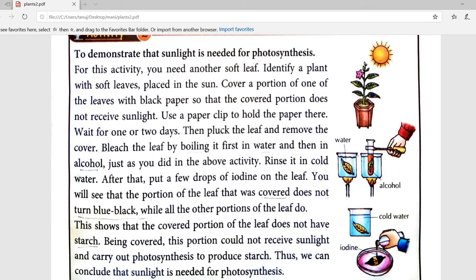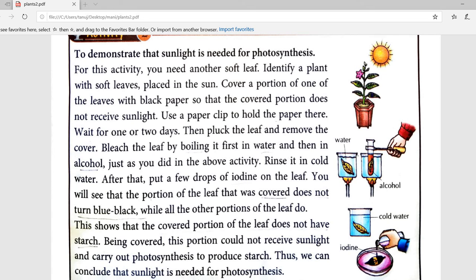This shows that the covered portion of the leaf does not have starch. So if it does not have starch, how can it turn blue black? In the first activity we read that if the leaf has starch, then it turns blue black.